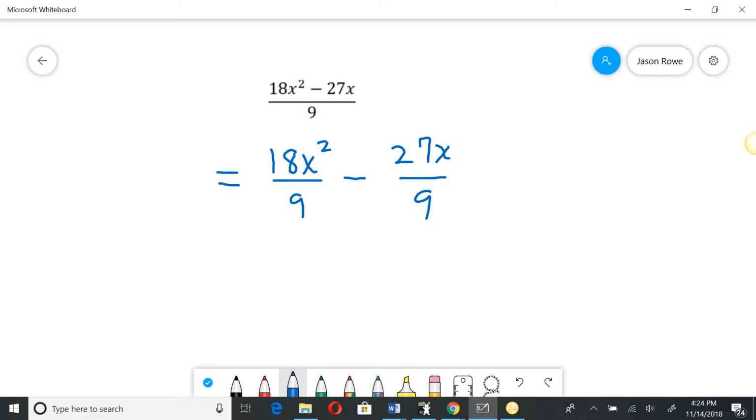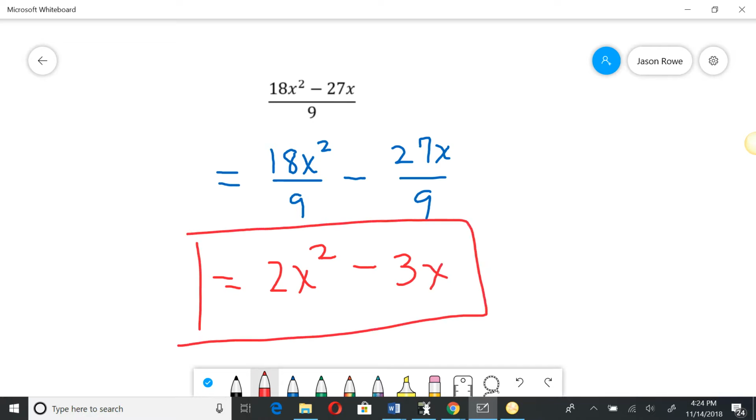And now I can reduce each one individually. So if I take a look at this first one, I don't have any variables, so no variables cancel, but I can reduce 18 over 9. 18 divided by 9 is 2. So this turns into 2x squared. I'll do the same thing for the second term. 27 divided by 9 is 3. And so there you go. That's it. It's a done deal.